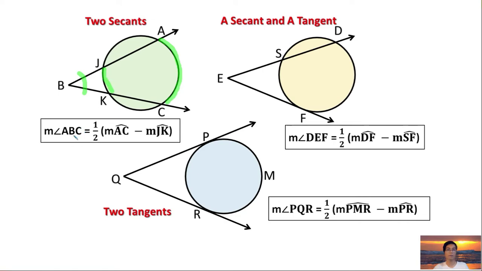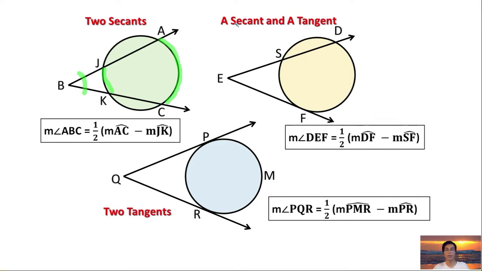So our formula will be the measure of angle ABC is equal to 1/2 AC minus JK, or 1/2 times the quantity AC minus JK. O, yun po yung sinasabi. Ipagma-minus mo yung dalawang intercepted arcs and then you get 1/2 of the difference.